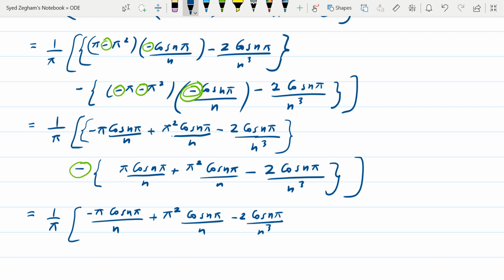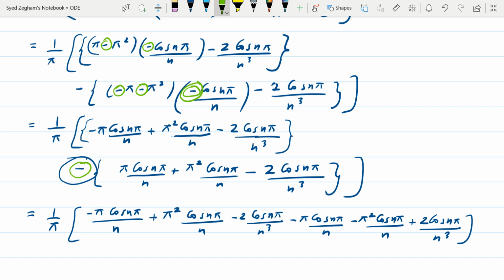And now let us open the second bracket. This minus is there. So it becomes minus pi cosine n pi divided by n minus pi square cosine n pi divided by n, and minus and minus becomes plus. So plus 2 cosine n pi divided by n power 3.